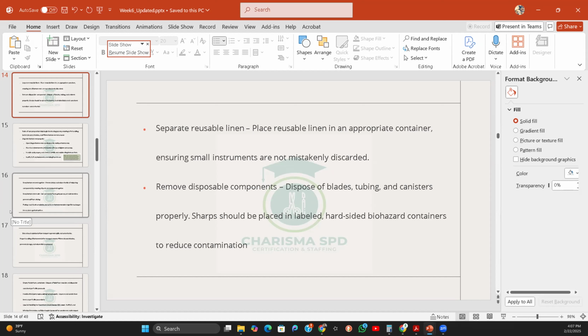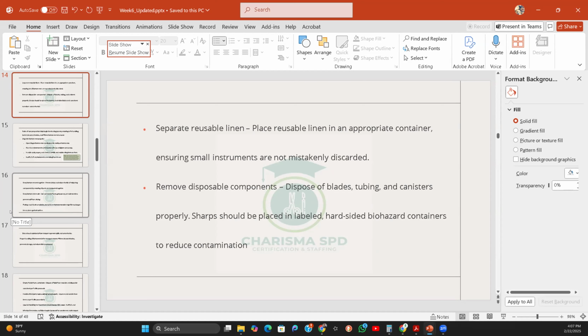Again, disposable components have to be separated too from sharps. Disposable components. We have tubings that are used, what we call in central sterile processing single-use items.